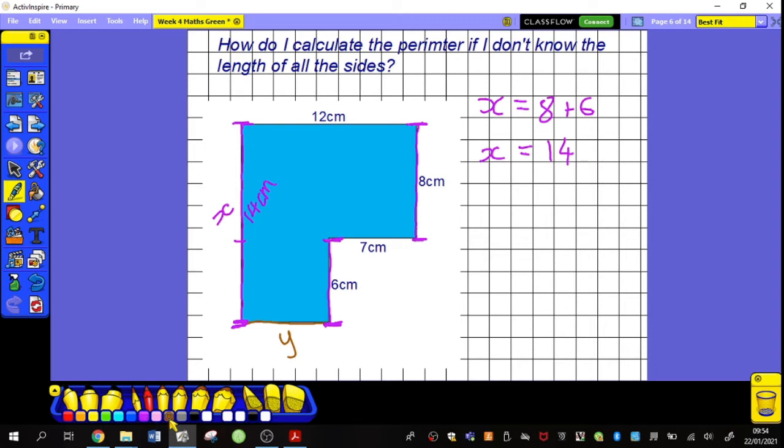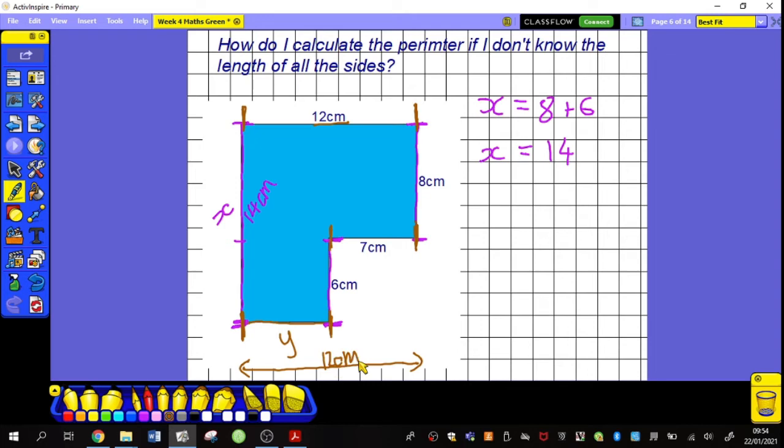Let's have a look at finding Y now. So I know that going from left to right, from here all the way to here, is 12 centimetres. So that must mean that on the other side of the shape, going from down here all the way to there, plus there all the way to here, that whole distance must equal the same. That must be 12 centimetres.